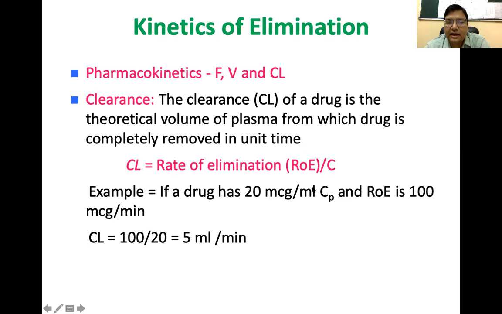If a drug has a plasma concentration of 20 microgram per ml and the rate of elimination is 100 microgram per minute, then clearance is 100 divided by 20, that is 5 ml per minute. So in each minute, 5 ml of plasma is totally cleared of this drug. This is what clearance means.